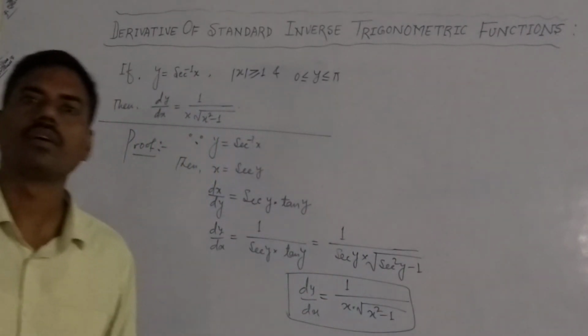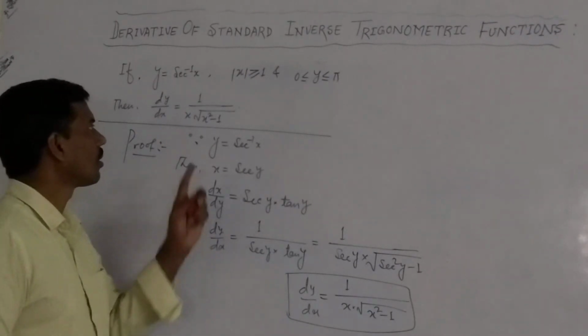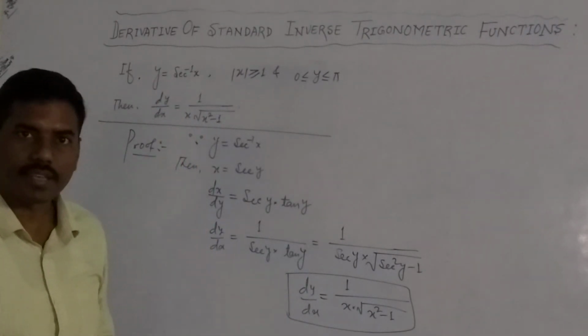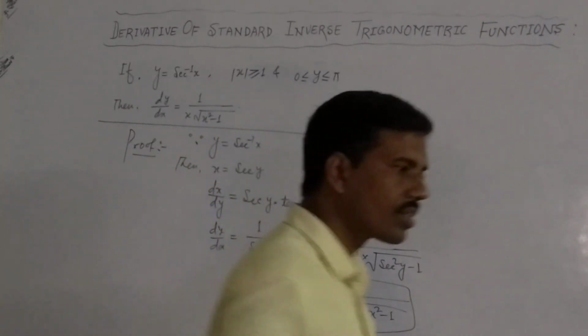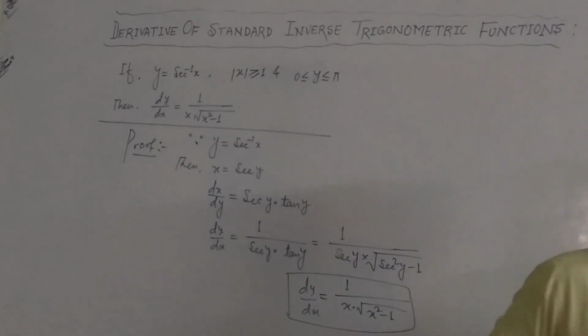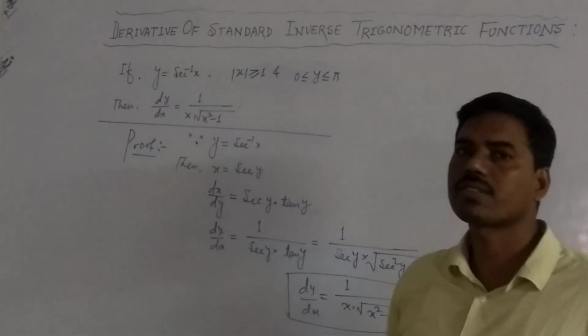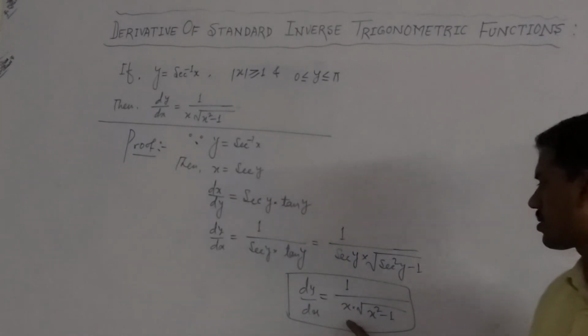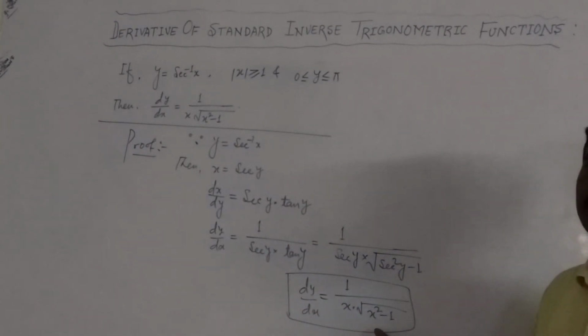This one is our final result, where if y is equal to sec inverse of x, then the derivative of y with respect to x is given as 1 upon x under root of x square minus 1.